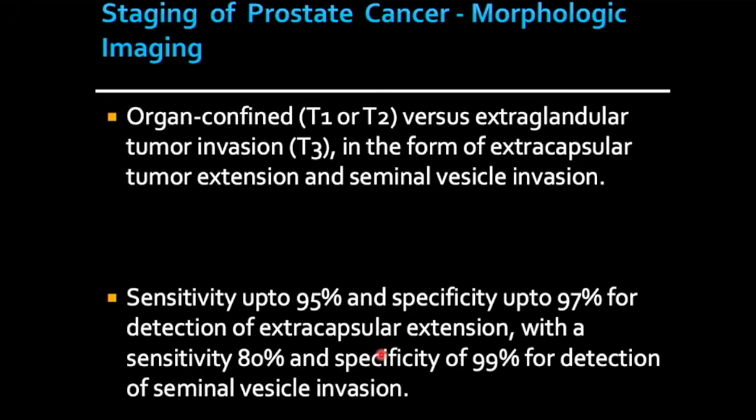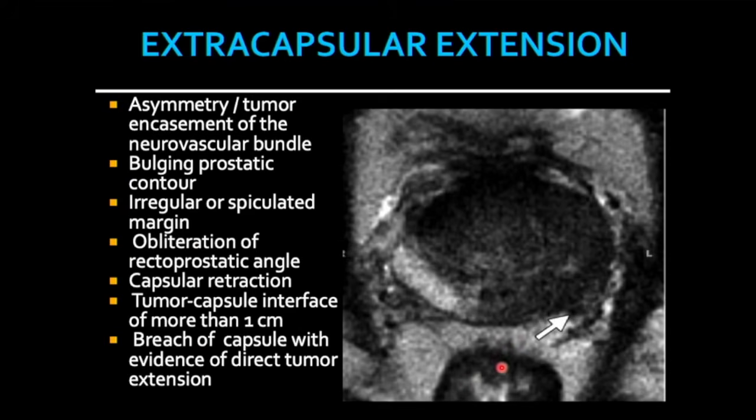You can define whether it's organ confined versus extraglandular tumor invasion, that is whether it's T2 or T3. The sensitivity of this is almost 95% and specificity is almost 97% for detection of extracapsular extension. What are the signs that you must look for?